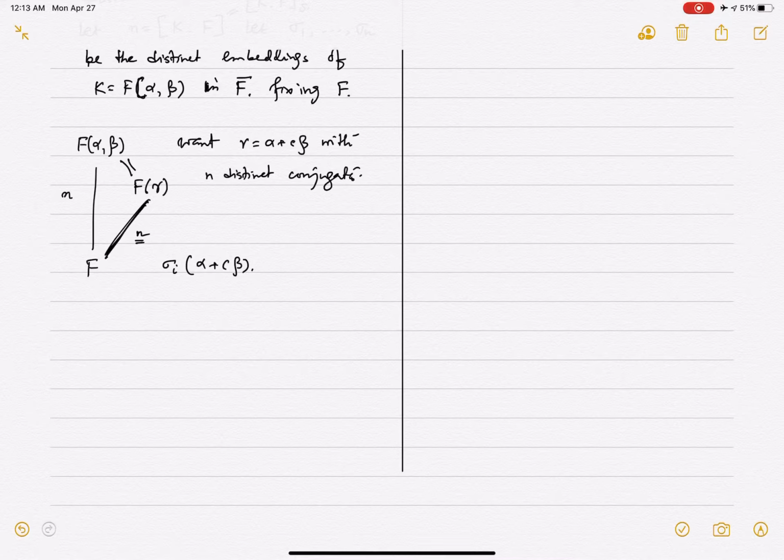So you want these to be different, meaning you want sigma i of this to be not equal to sigma j of this, meaning you want the difference to be non-zero for all i not equal to j, meaning you want this product to be non-zero.